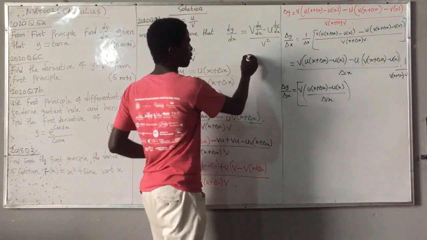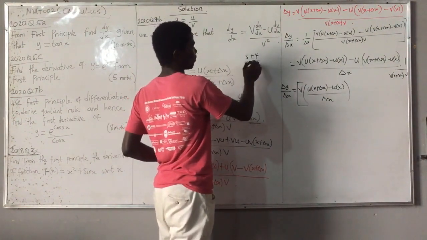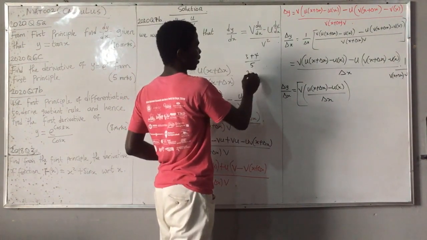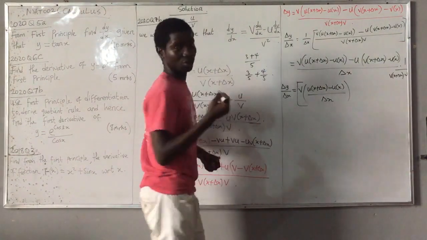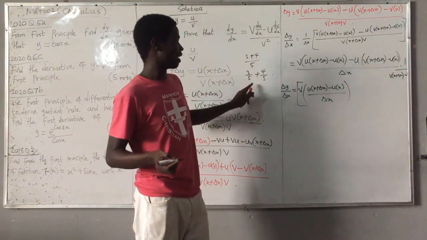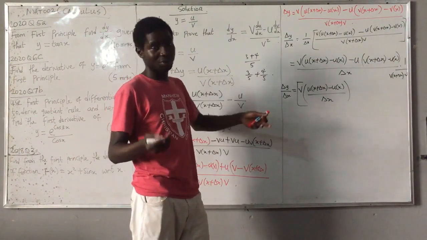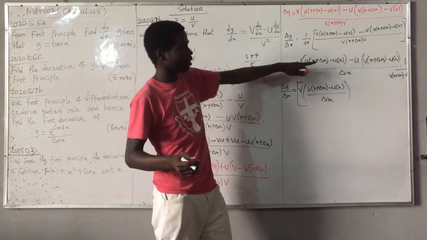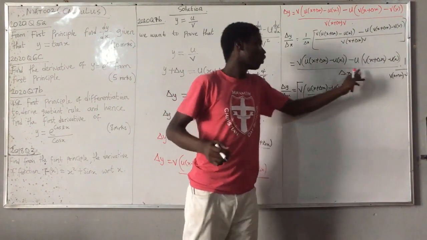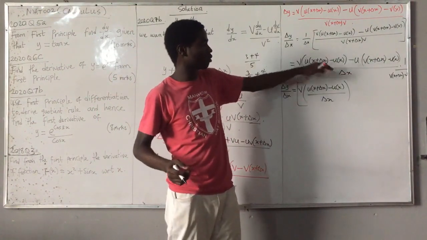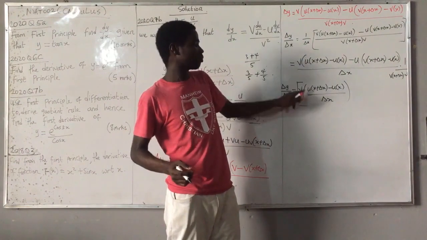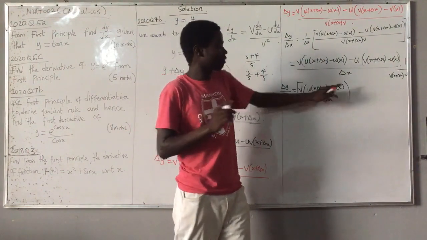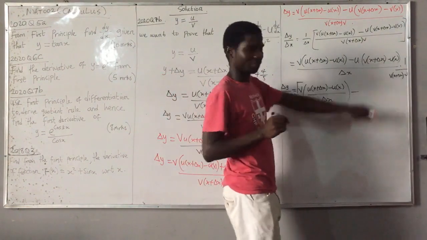It's like when you have 3 plus 4 all over 5. This is the same as 3 over 5 plus 4 over 5. If you don't believe, press 3 plus 4 divided by 5 and then 3 over 5 plus 4 over 5 on your calculator, you will get the same answer. So this is like 3 minus 4 all over 5. It's the same as 3 over 5 minus 4 over 5. Do you understand?